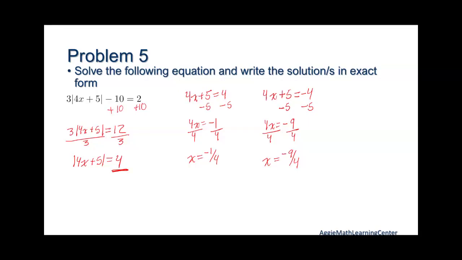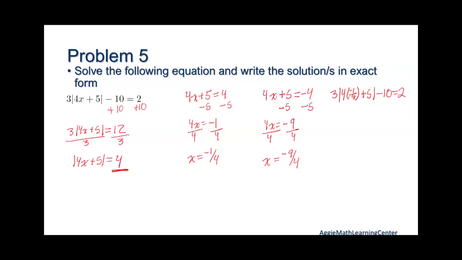So we are going to check that 3 times the absolute value of 4 times our x, which is negative 1/4, plus 5, minus 10 is going to equal 2. Then we're just going to follow order of operations to make sure this equation is true. So what would we do first as we are solving?